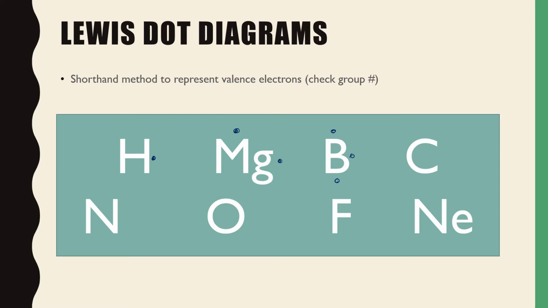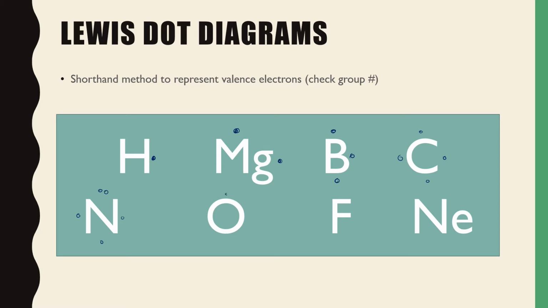Carbon is in group 4, 4 valence electrons. Nitrogen is in group 5, so I'm going to put one electron in each of these four corners. After I've used up all four corners, then I double up my number of electrons. This nitrogen, because it's in group 5, needs one more valence electron, so I've drawn it there.